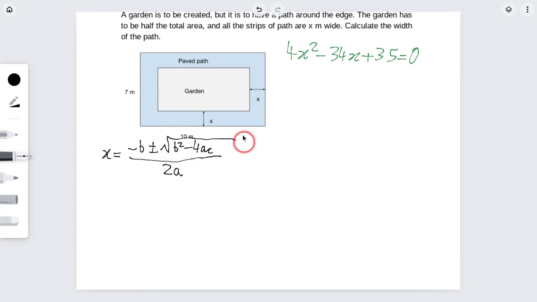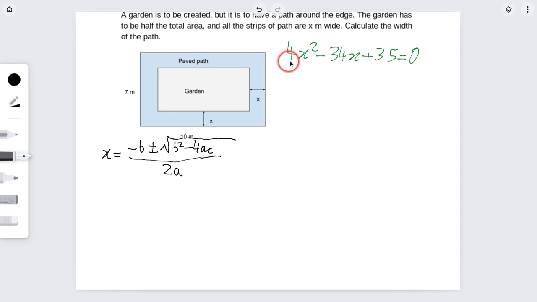This is the quadratic equation. If you have a graphics calculator, it's totally fine. You could use that as well, as it can solve using the quadratic equation. But if you do not have a graphics calculator, then you could use this equation right here.